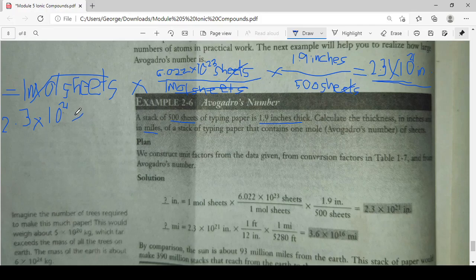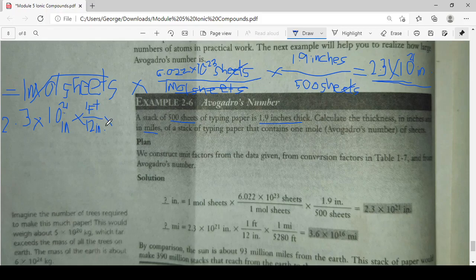For every 1 foot, we have 12 inches. That is the English system, am I right? 12 inches.